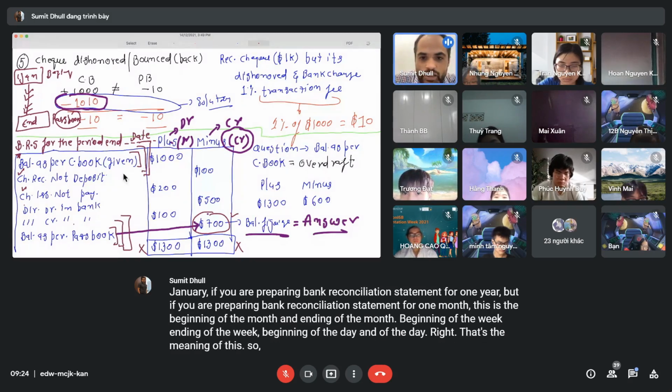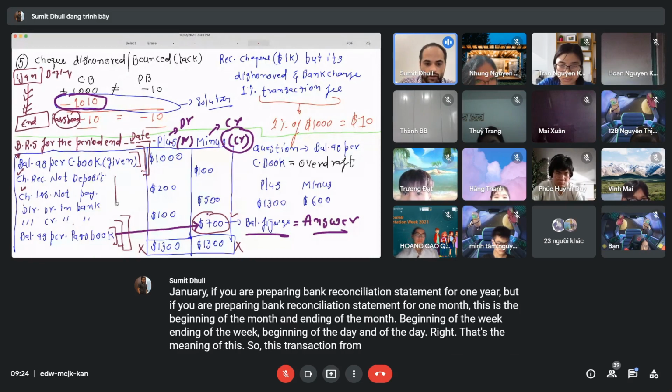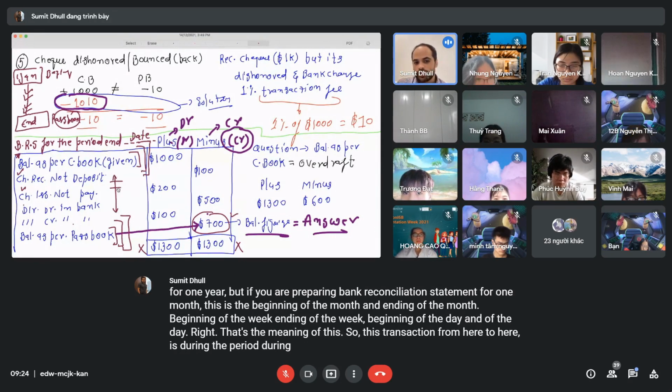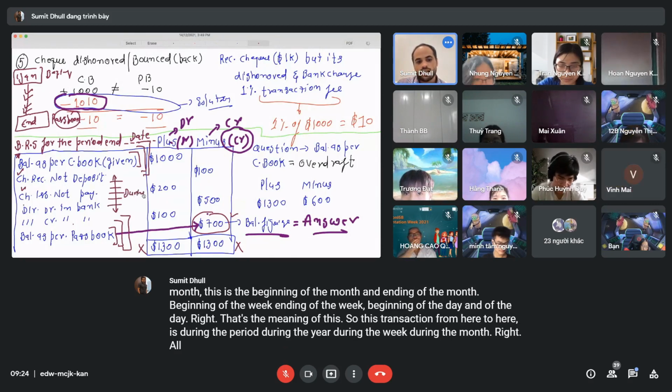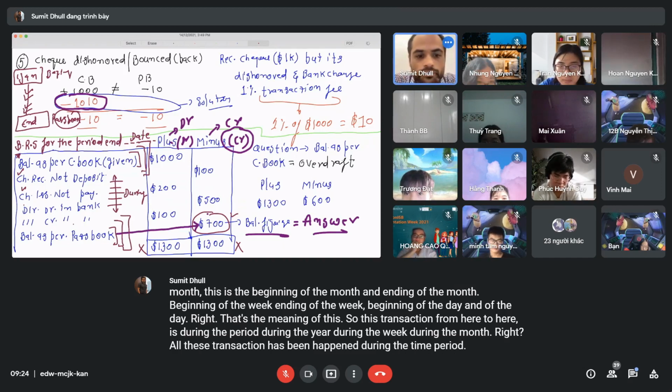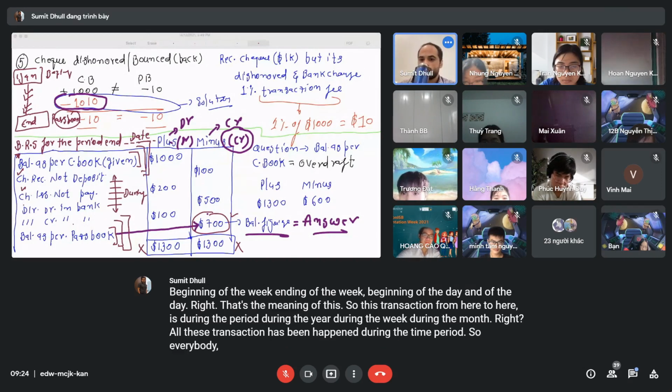So the transactions from here to here are during the period, during the year, during the week, during the month. All these transactions happened during the time period. So everybody okay with it? That's the meaning of balance as per cash book.